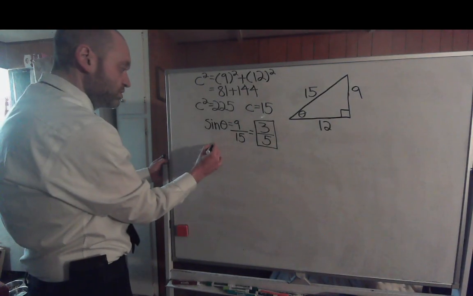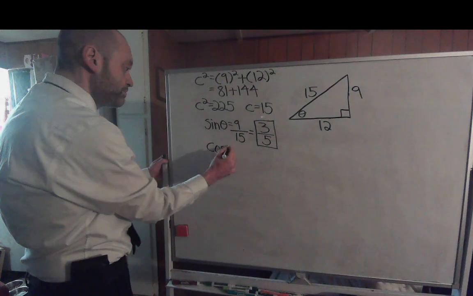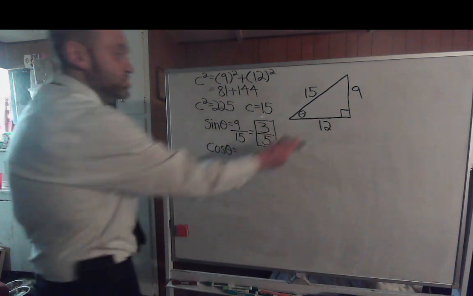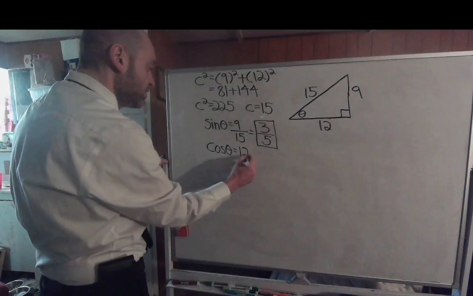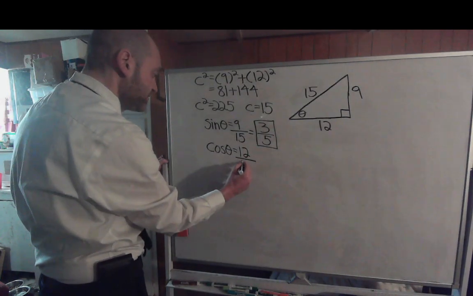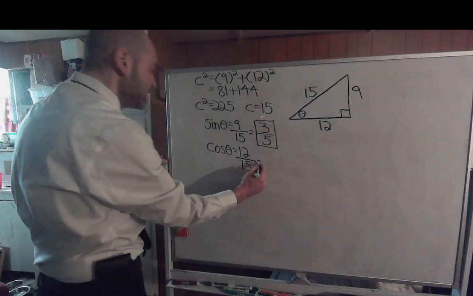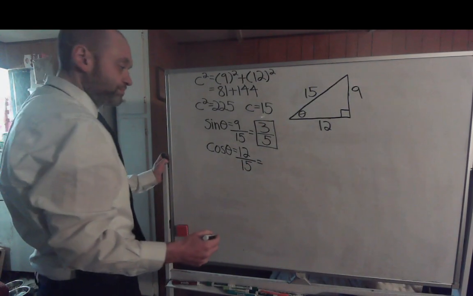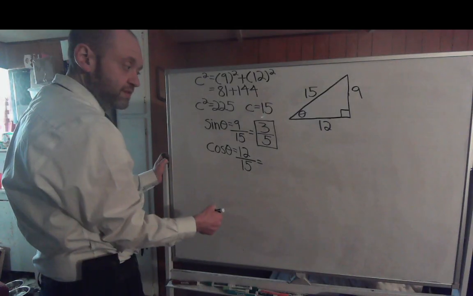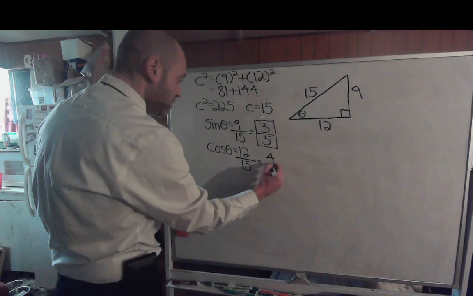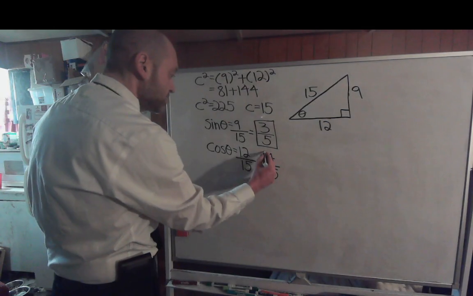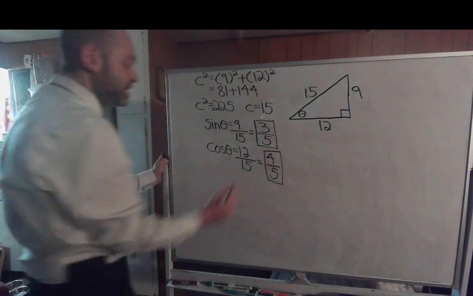Then we got to deal with the cosine of theta. That's the adjacent, which would be 12 over your hypotenuse, which is 15. So what is 12 divided by 15 simplified? That would be 4 over 5. So the cosine is 4 over 5.